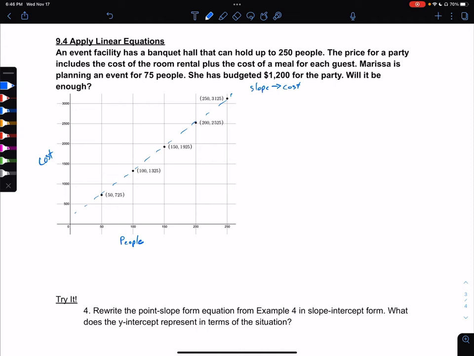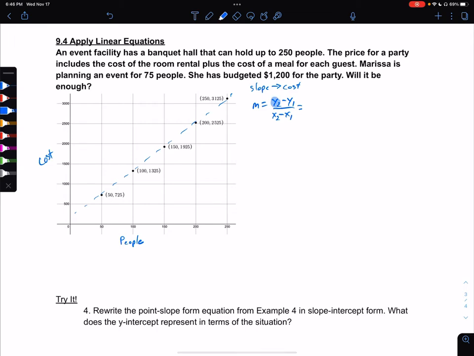To figure out the actual cost or the slope, we can use the slope formula. So I'm going to use my slope formula to figure out what the slope is. I can choose any points I want. I have 5 options. I can use whatever ones I want to find the slope, but I'm going to use the first 2 points, just to make my life a little bit easier.